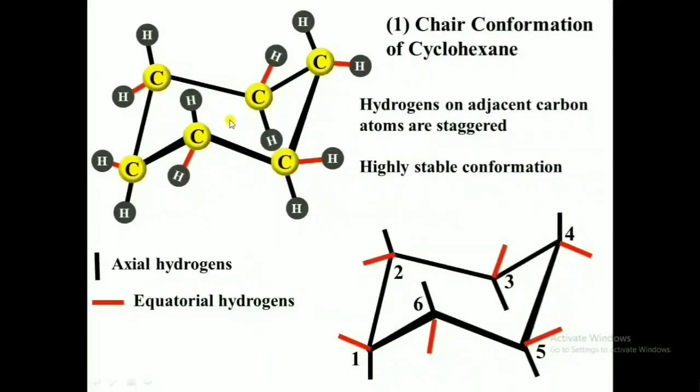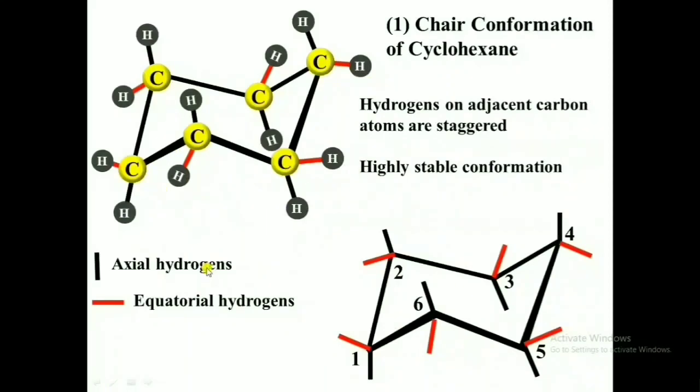Don't worry about that, but anyhow, these are axial hydrogen atoms. You can count 1, 2, 3, 4, 5, 6 axial hydrogens. And also you have equatorial hydrogens. You have 1, 2, 3, 4, 5, 6 equatorial hydrogens.